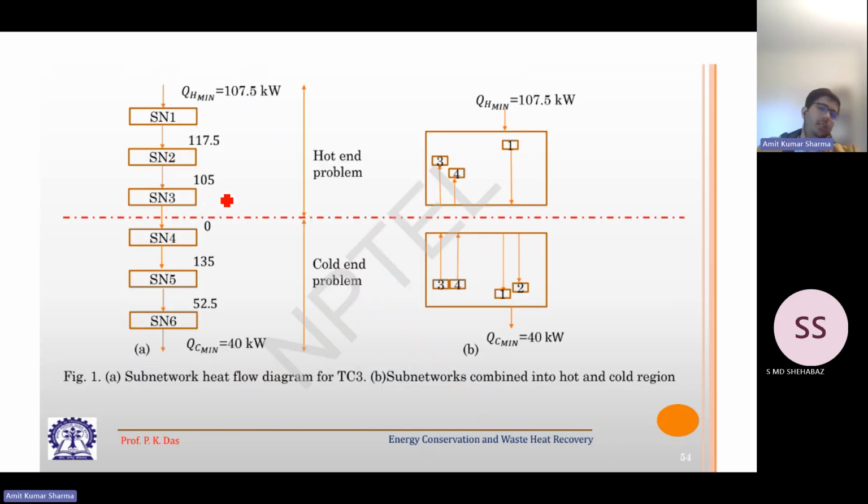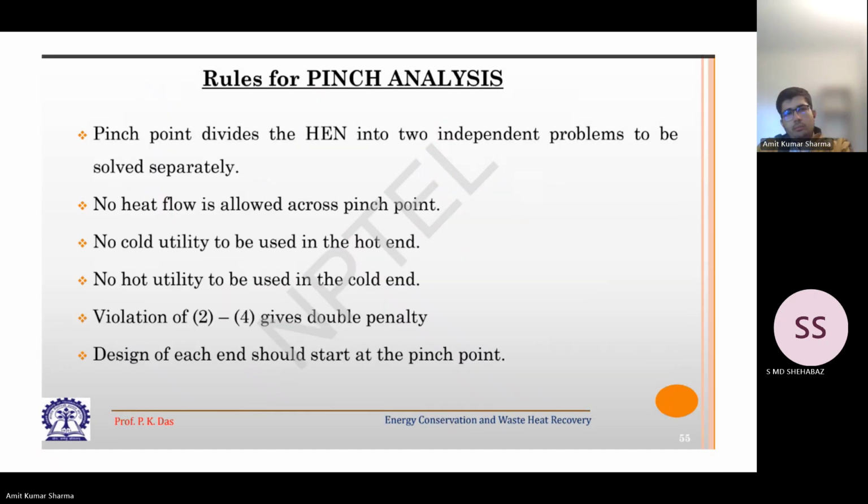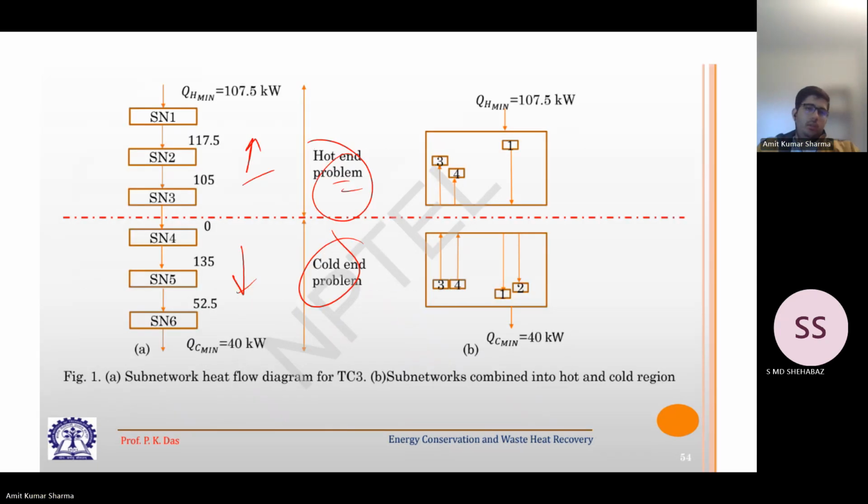We can represent like this. The upper part is the hot end problem, the lower part is the cold end problem. The rule is that the pinch point divides the heat exchanger network into 2 independent problems to be solved separately. So this will be the hot end, this will be the cold end.